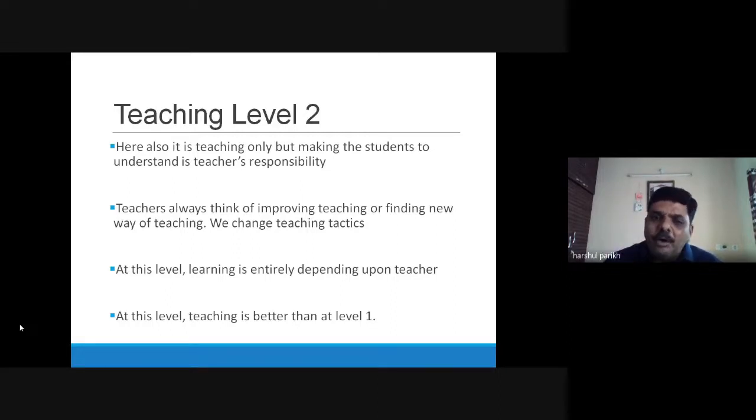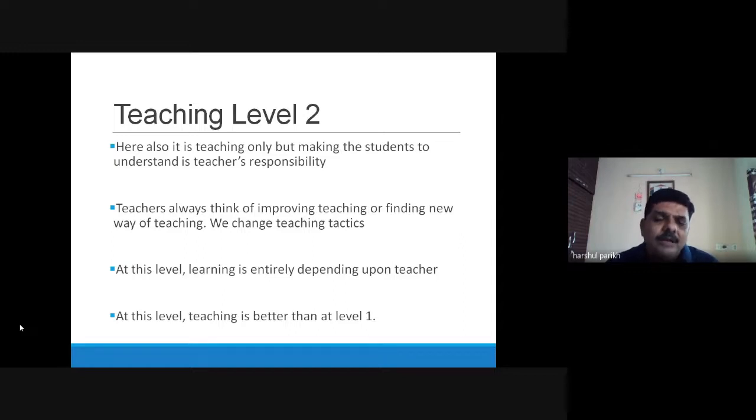But the main component, learning, whether the students have learned or not, is still at a low level in teaching level 2. Improvement in teaching, utilization of modern techniques, utilization of new pedagogies, we are implementing, we are changing. But at this level, learning is again dependent only on the teacher.